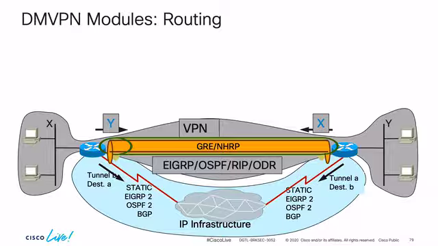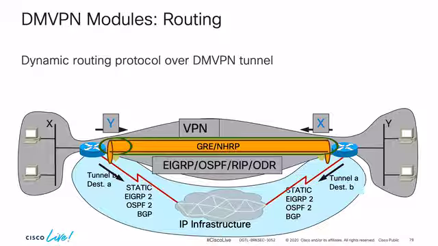This is where the routing component is addressed. We do support different dynamic routing protocols across a DMVPN tunnel. It could be EIGRP, OSPF, RIP, ODR, and BGP.